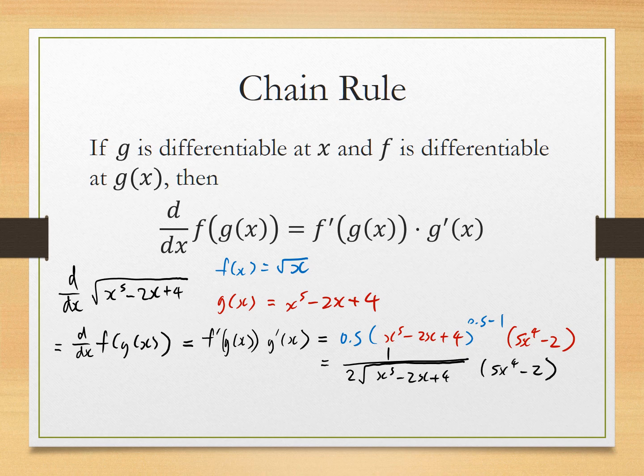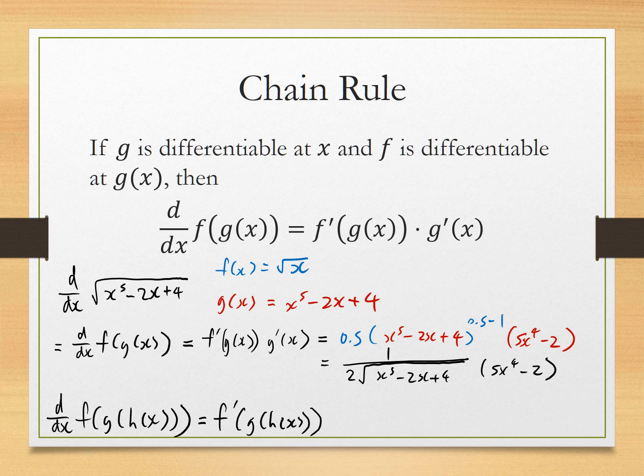Why is it called a chain rule? It's called the chain rule because you could apply this process as many times as you need if you have many compound functions. The derivative of f of g of h of x, you could do that. You have three functions nested together. The chain rule says this equals f prime g of h(x).